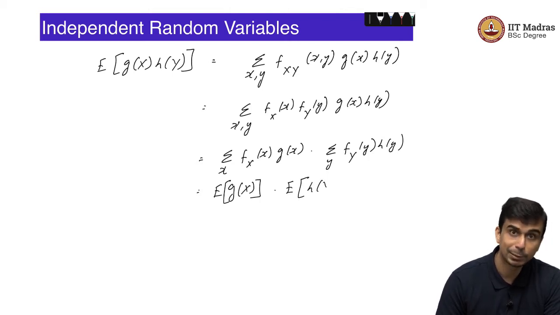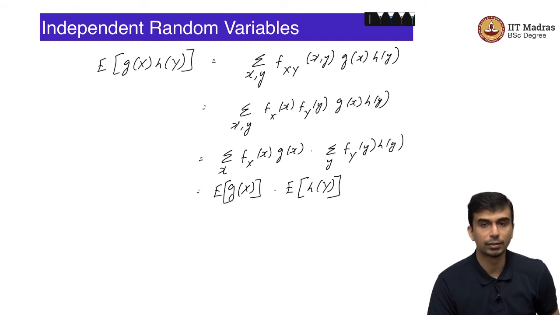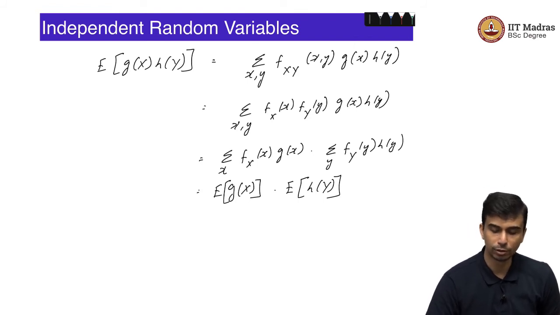This is exactly equal to the expected value of g of x into the expected value of h of y. So, this is a pretty easy proof and follows naturally from the definition of independent random variables.